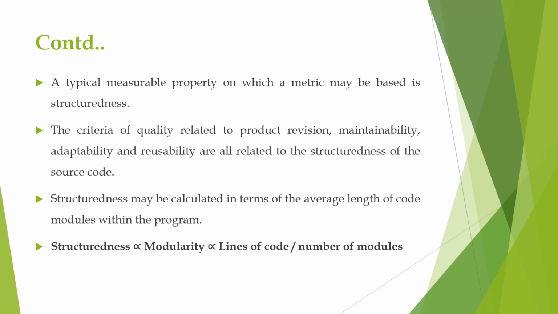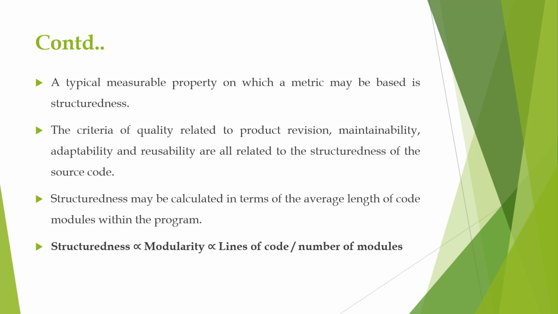The criteria of quality related to product revision, maintainability, adaptability, and reusability are all related to the structuredness of the source code. All these product criteria are related to the structuredness of the code.